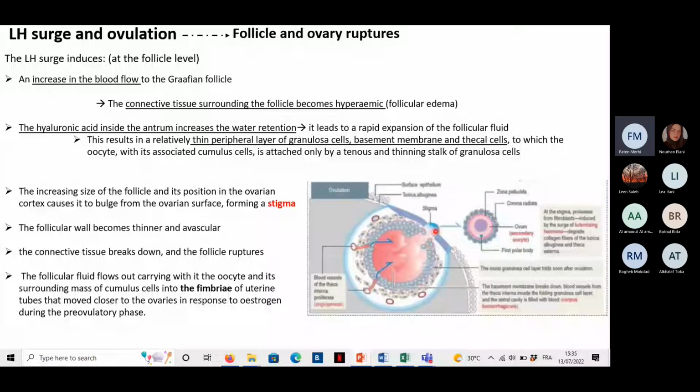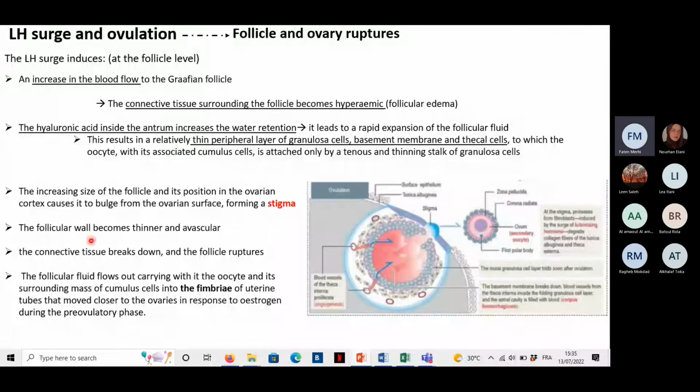It will bulge, it will protrude a little bit on the surface of the ovary, forming a stigma. Because of its peripheral position, this will cause this follicle to bulge from the ovarian surface, forming a stigma. Okay.